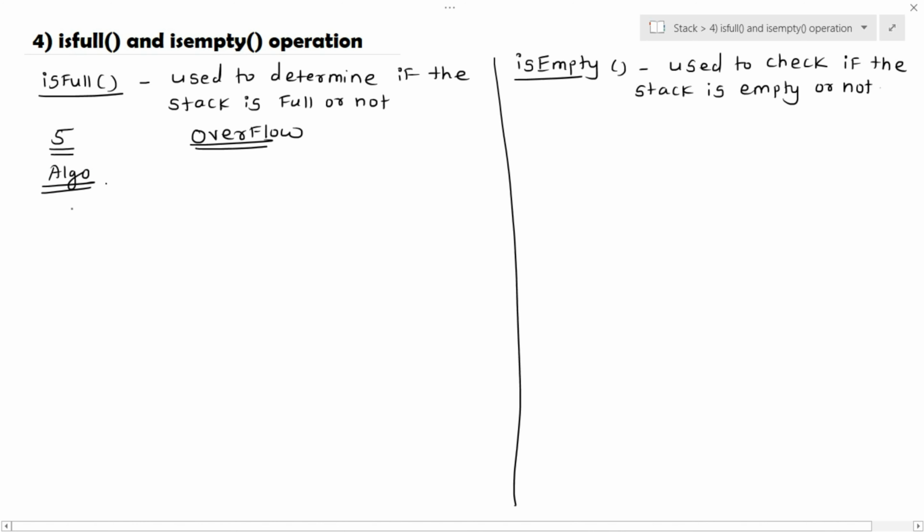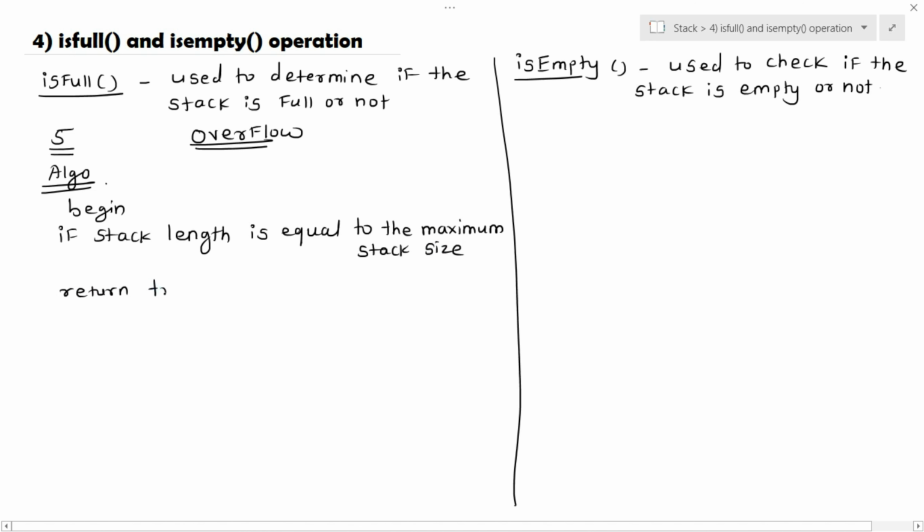Let's start with the begin procedure. Then if stack length is equal to the maximum stack size, then return true, otherwise return false. So first we have to end the if statement.